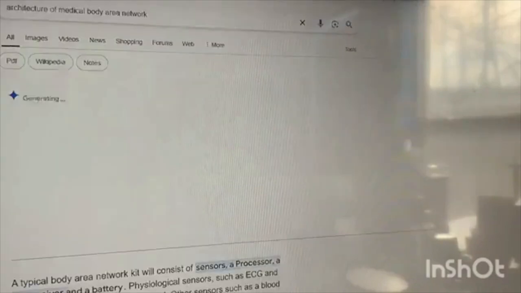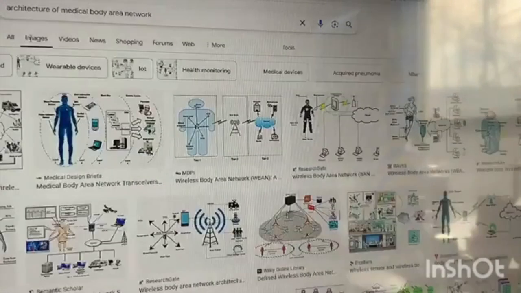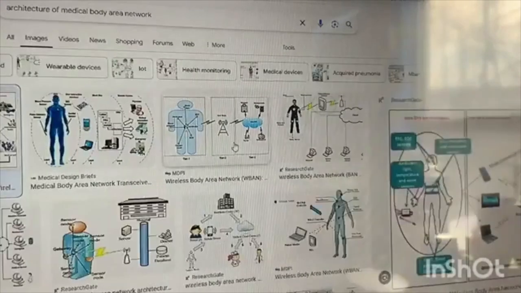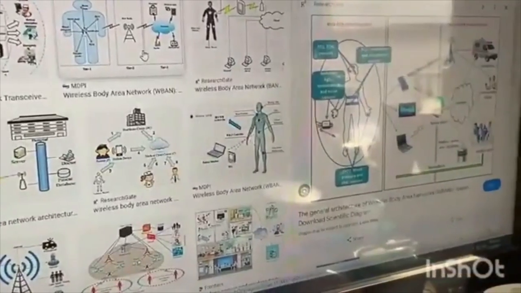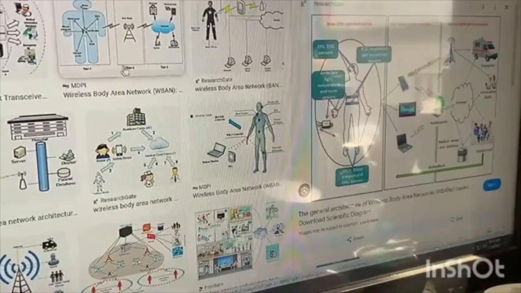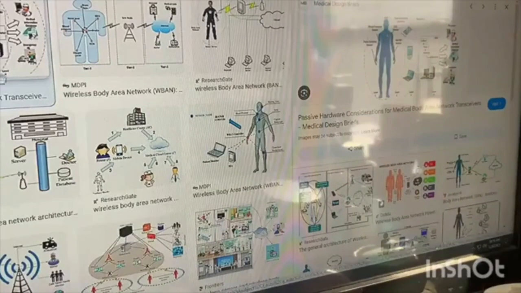When we take a look at the architecture of a medical body area network and we click on images, the first thing that you are going to learn is that there are 3 tiers of this network. Technically there are more, but that's for black box data that is unavailable to sniffers, hackers, crackers, and those types of folks in order to maintain HIPAA laws.